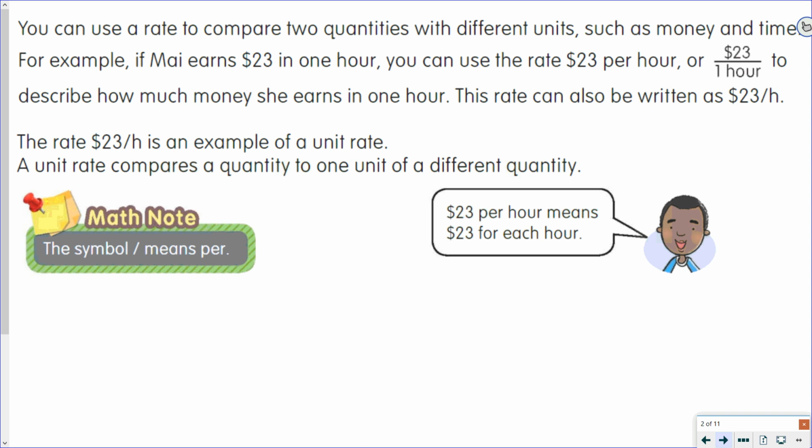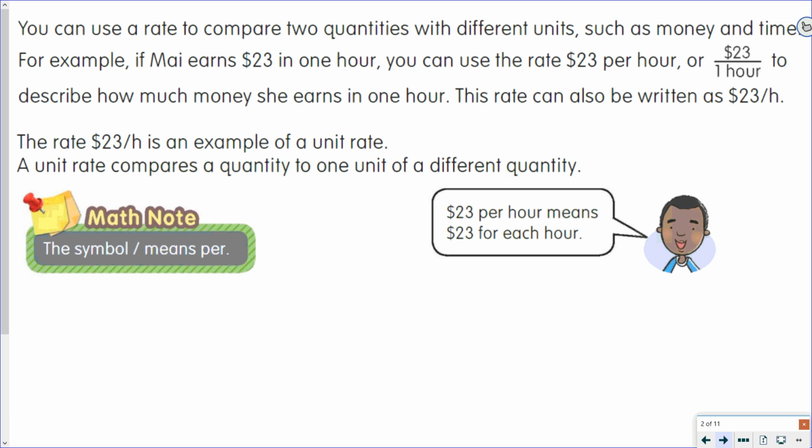So for example, if May earns $23 in 1 hour, you can use the rate of $23 per hour, or $23 over 1 hour, to describe how much money she earns in 1 hour. And then as you can see there, it can also be written as $23/H, which means $23 per hour. So this is what's known as a unit rate.